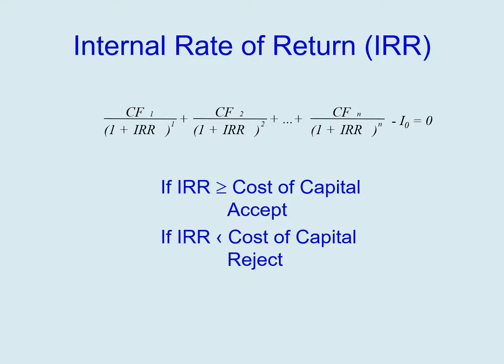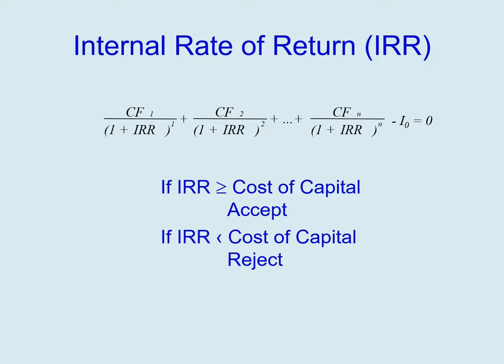So ultimately it's a trial and error process where you're looking for the discount rate that will allow you to have an NPV of 0. And that, in essence, is the yield of the project. So you've heard of a yield to maturity on a bond. Well, that's what the internal rate of return is to a project.